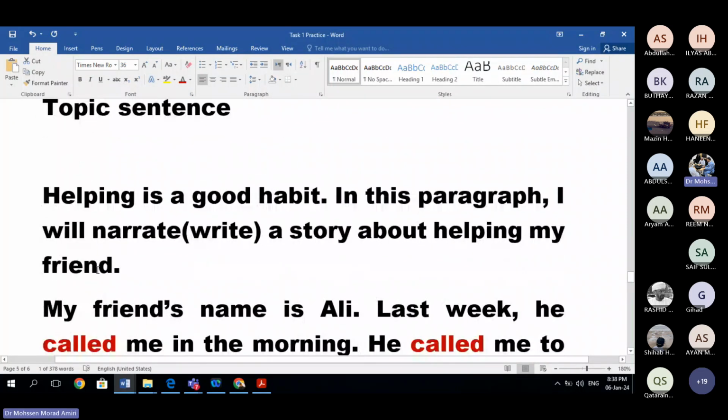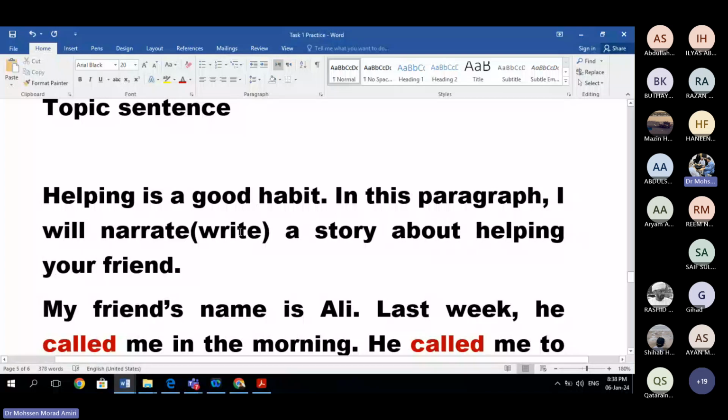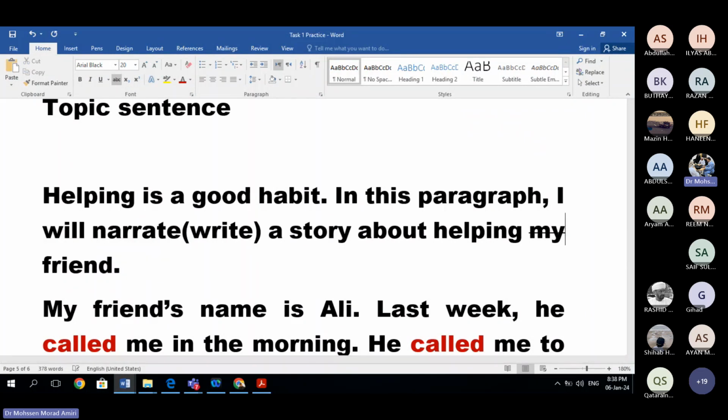Many students write that I will write a story about helping your instead of saying my. This is a super big mistake. Okay, this is a very big mistake. So be careful. You should say my, because the question is asking you. So okay, guys, be careful here. Don't forget it.